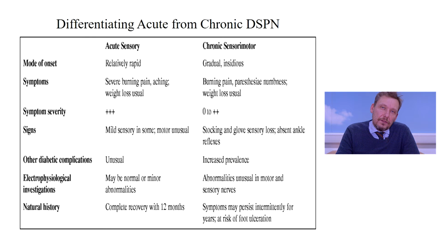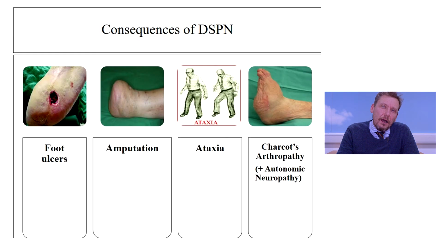This is often characterized by lower limb bilateral severe burning pain, aching, and it can be so severe as to cause quite profound weight loss. Other diabetes-related complications are relatively unusual in this group, and much like any acute and then chronic remitting disease, the symptoms tend to settle down within 6 months.